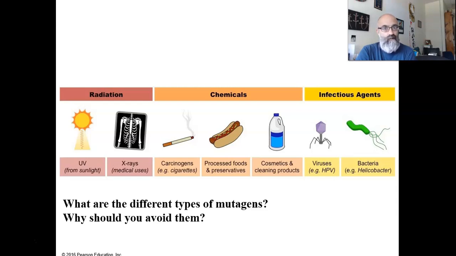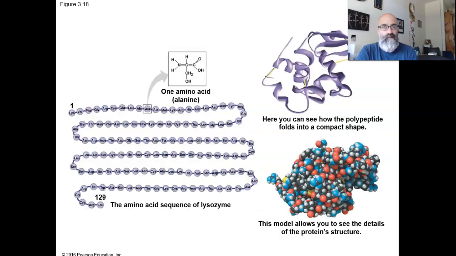This is pubic warts, so unsafe sex with too many partners can cause cancer because those viruses get into the cell and they inject their DNA, and that DNA can be incorporated into your cellular DNA and can change or mutate your DNA, which can lead to cancer. Right? So these are different things that can change the sequence of DNA in your cells.